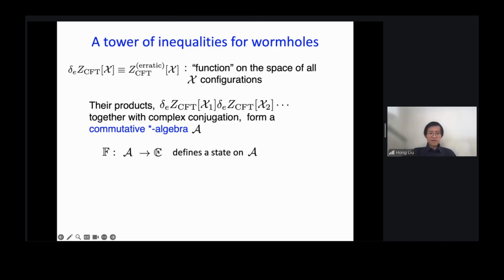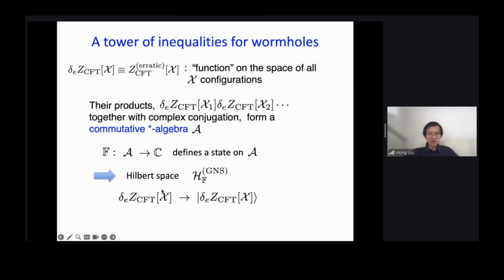So if you have an algebra and a state, and this state satisfies the properties which we discussed earlier, following from the filter F itself, then that actually leads to a Hilbert space. This is the standard GNS construction: give me an algebra and a state, and I can define a Hilbert space. Heuristically speaking, each state in the Hilbert space corresponds to an element of this algebra.